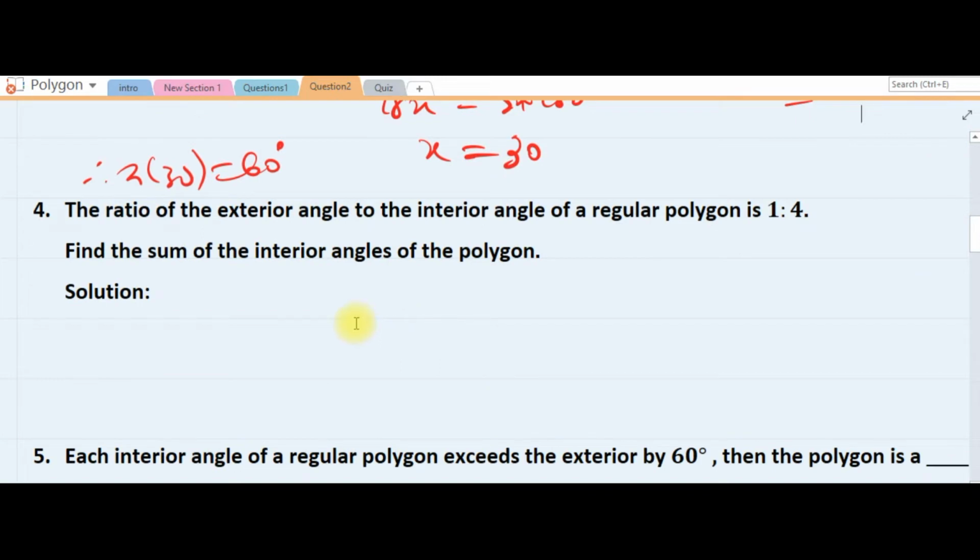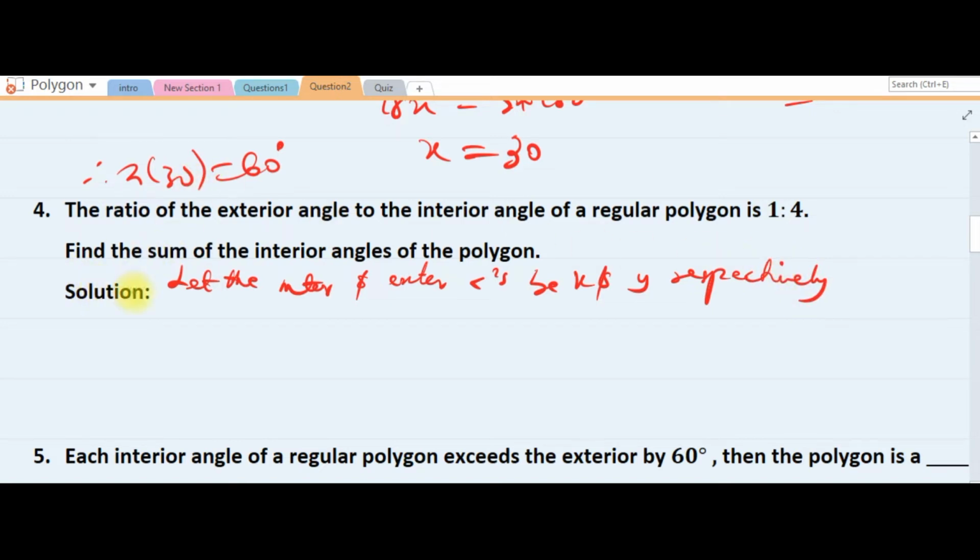So the fourth one: the ratio of the exterior angle to the interior angle of a regular polygon is 1/4. Find the sum of the interior angles. Let the interior and exterior angles be x and y respectively.